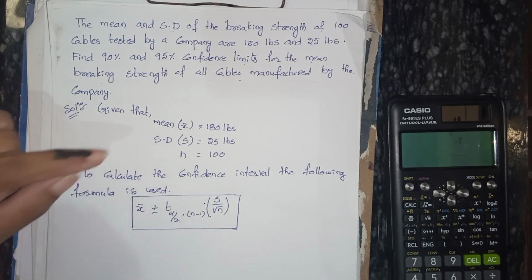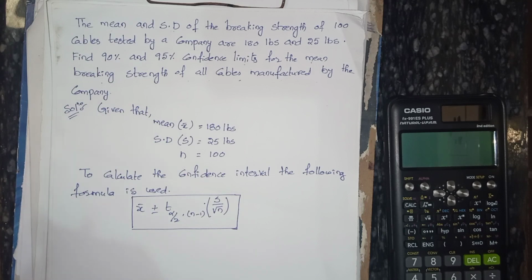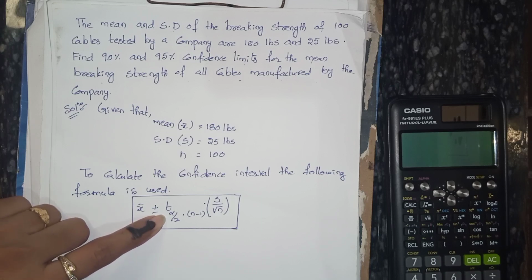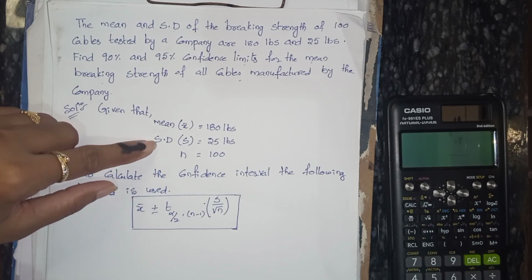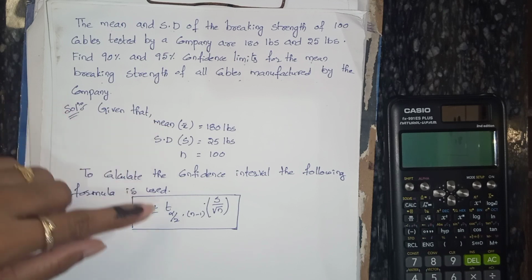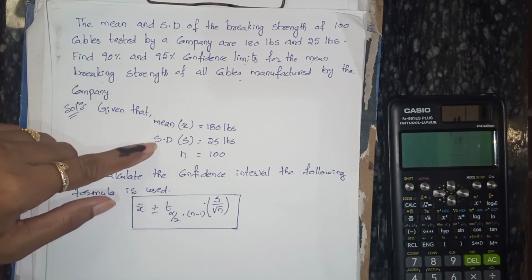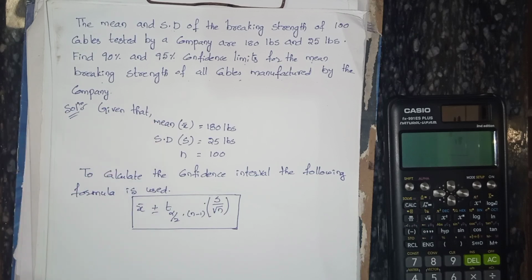When they give the population standard deviation, at that time we have to use the chi-square distribution. Remember this, this is the tip. In my previous video it is there.